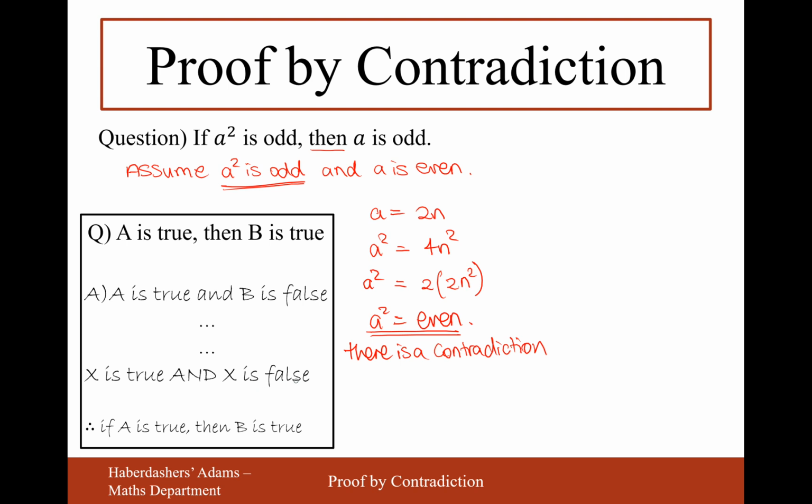So the statement that a squared is odd is also false because a squared is even. So there is a contradiction, so the statements that led us to that contradiction must be incorrect. So therefore if a squared is odd, then a is odd as well. So there we are, that's the answer to this question.